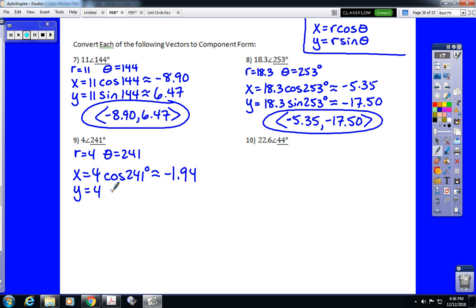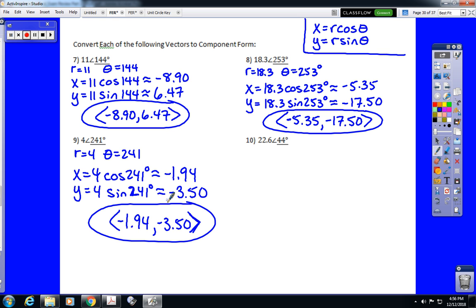And y is 4 times the sine of 241 degrees, which is -3.50. So if we round off properly in component form, we would be looking at -1.94, -3.50.